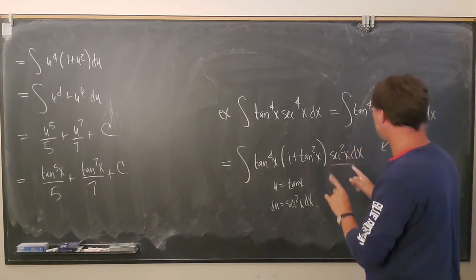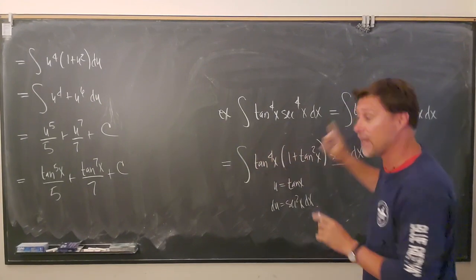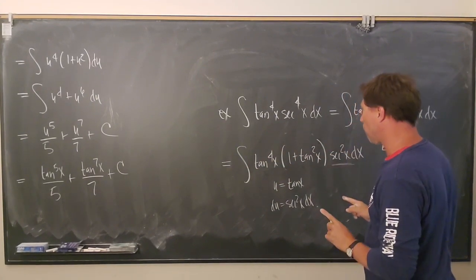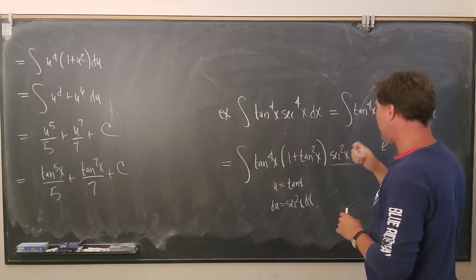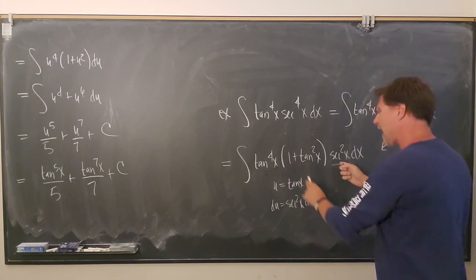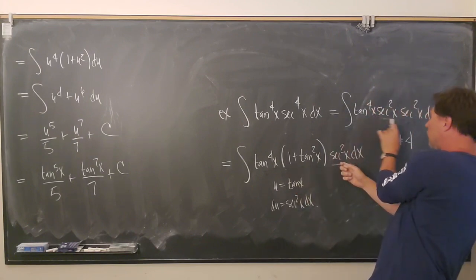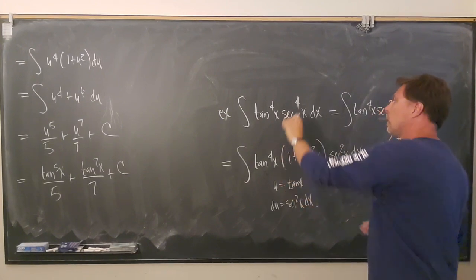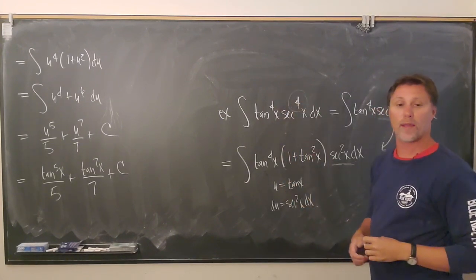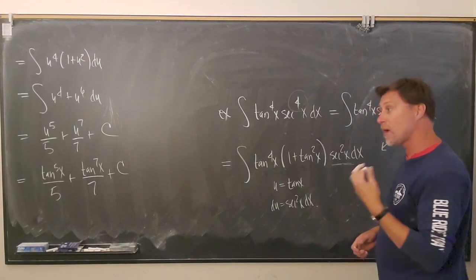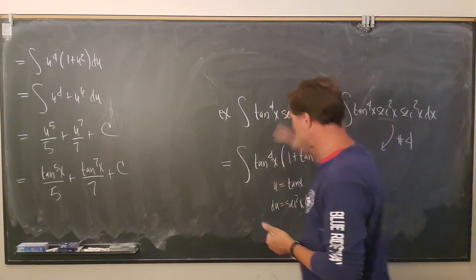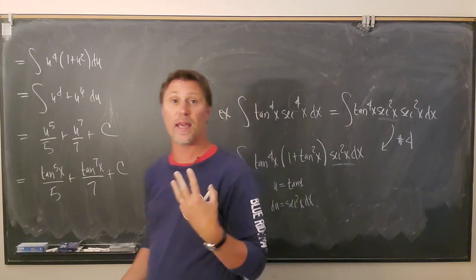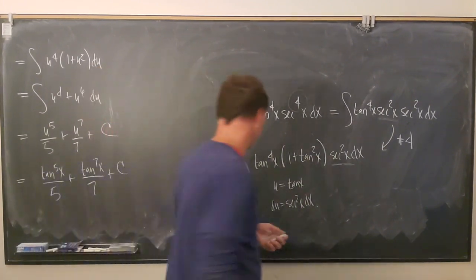Now, I needed to be able to get everything in terms of tangent, so I needed to be able to apply identity number 4. So I needed to be able to peel off a secant squared and have a portion remaining for which I could apply identity number 4. The reason this worked is that power right there was even. When you have an even power of secant, this trick of peeling off a secant squared is going to work.